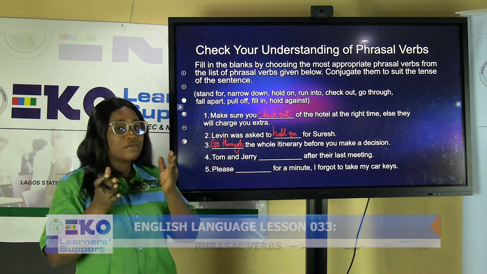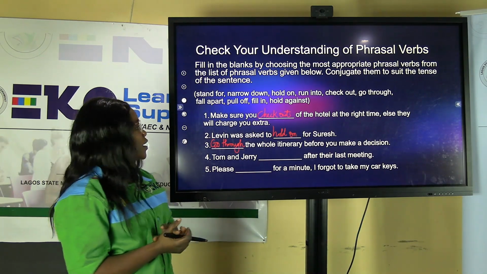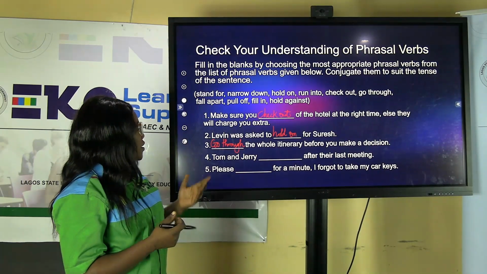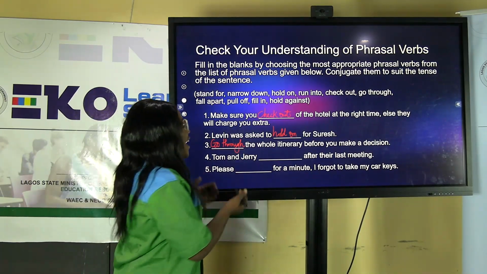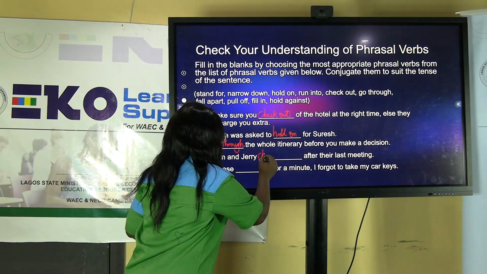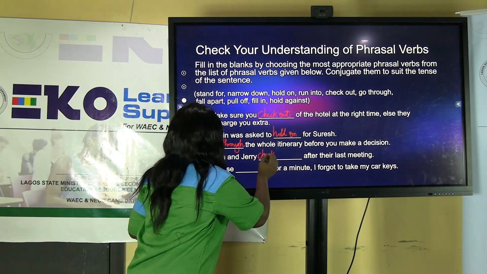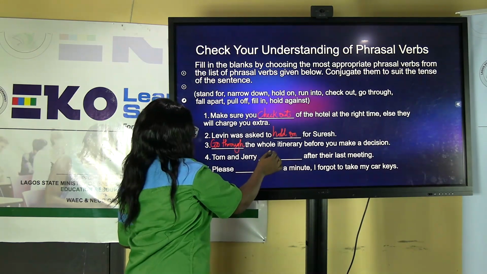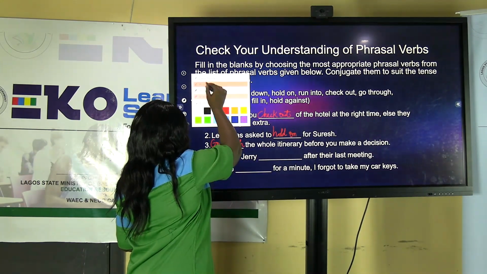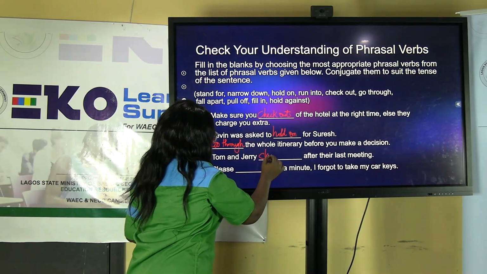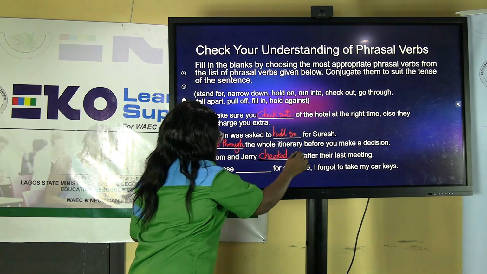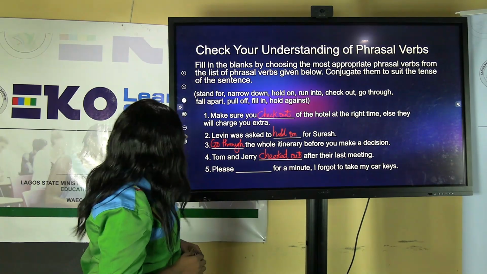Don't forget, you might need to conjugate the verb of that phrasal verb. We could say Tom and Jerry checked out. We're conjugating check out now. Checked out after their last meeting.